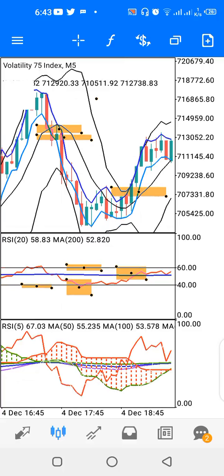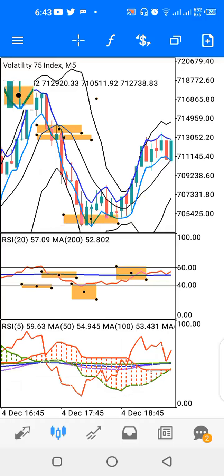So let's assume you have your cross for a sell signal here. You look for take profit at 40. You look to take your first take profit, or you look for support, around 40, which is what happened around here.